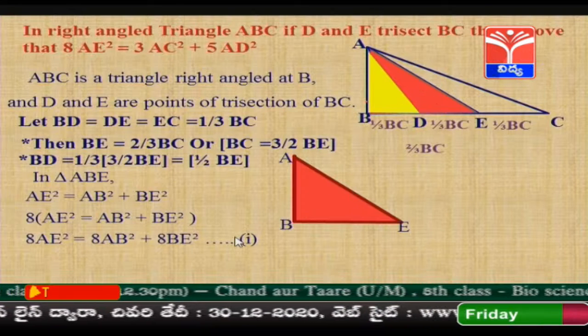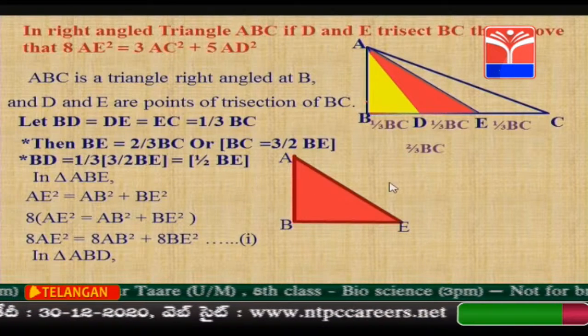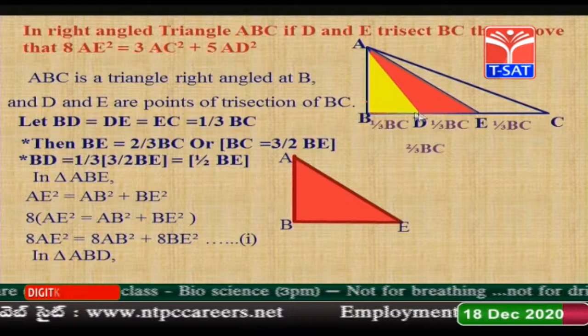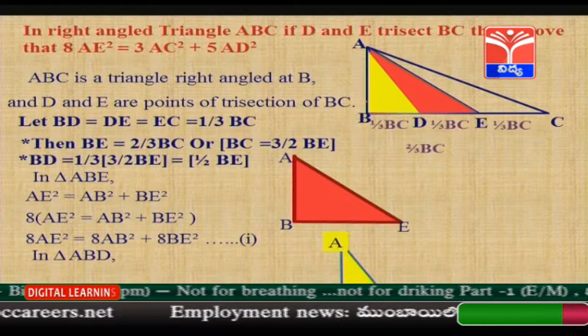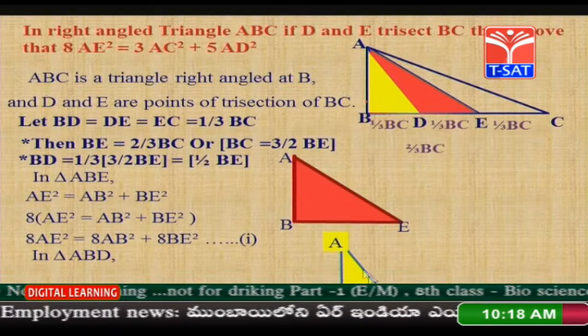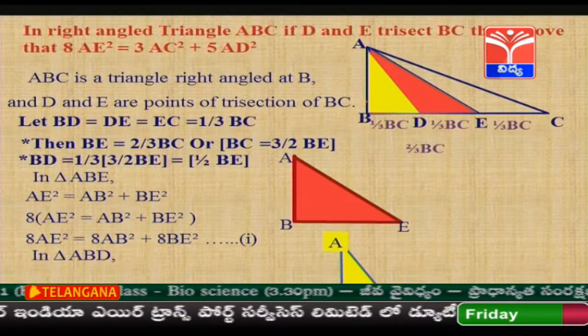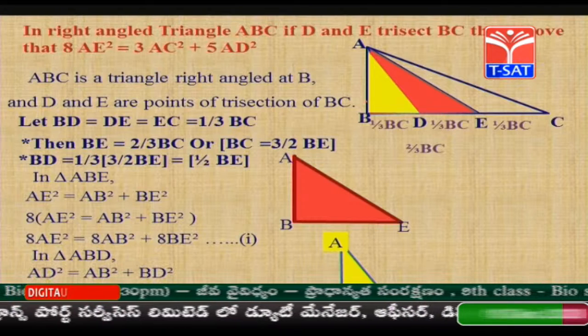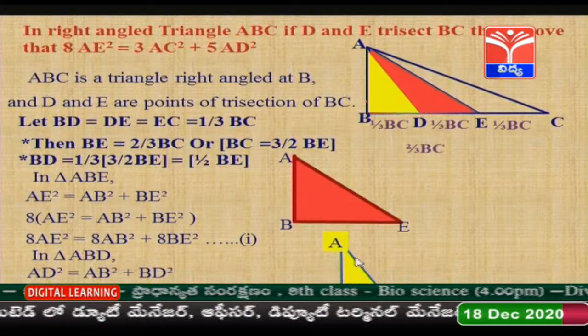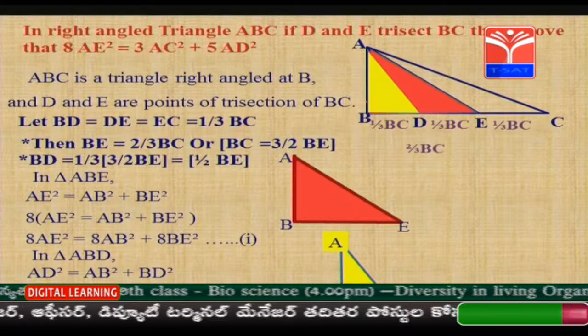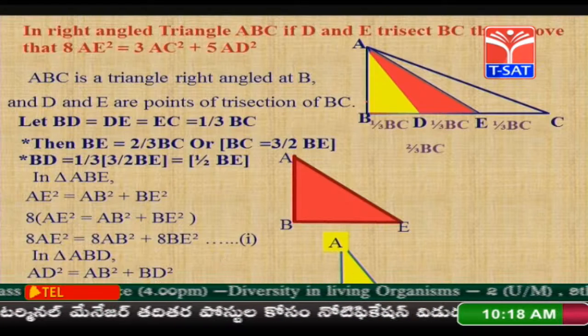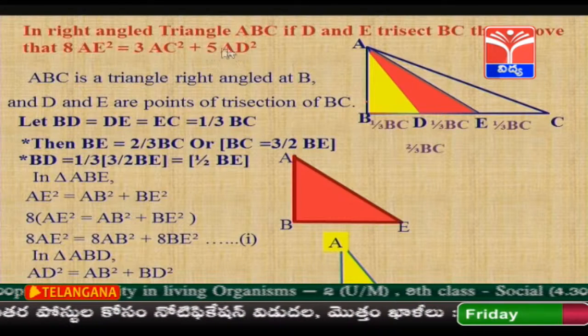Now, I am taking one more triangle ABD, this is the yellow colored small triangle, and here, redrawing there, AD is the hypotenuse. What can I write? Hypotenuse square is equal to opposite square plus adjacent square. AD square is equal to AB square plus BD square. Now, how many AD squares do I want? 5 AD squares.